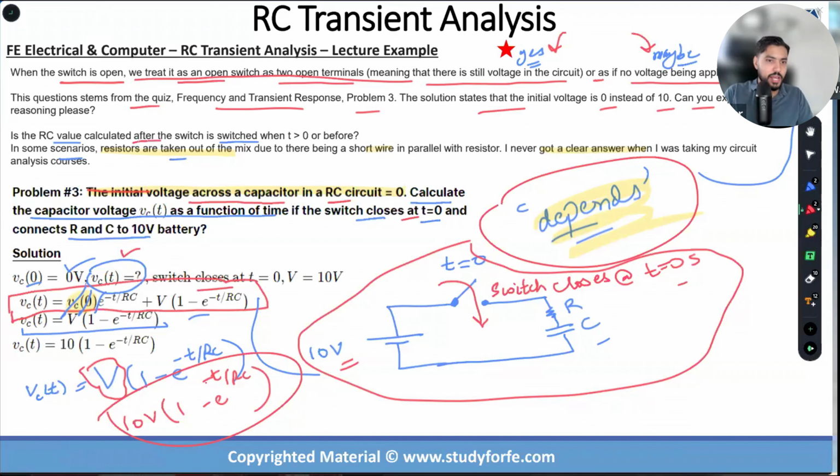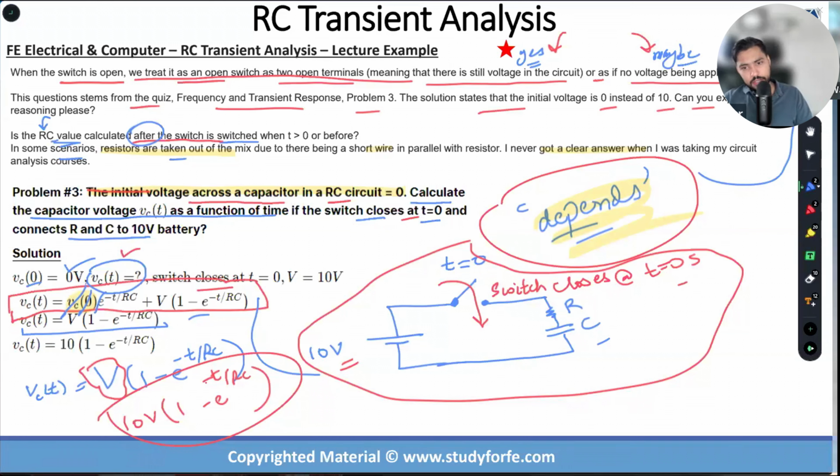Is the RC value calculated after the switch closes at t is equal to 0 or before? It is after. So the easy answer, the way I responded to the student, is that this is after. C is C. C really doesn't matter, it's really the R that the student is asking about.